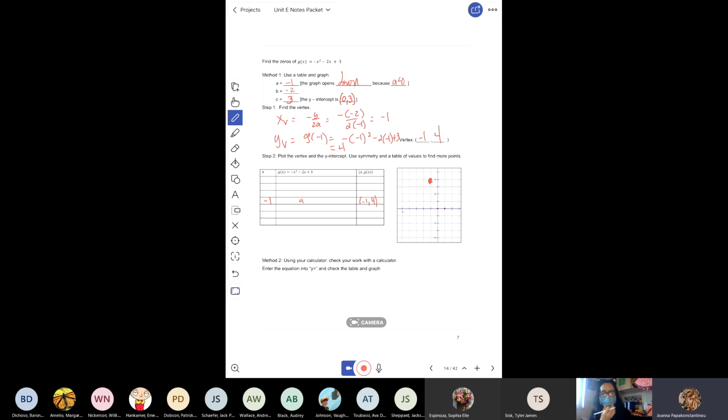So what's another point I might want to know? The y-intercept, and the y-intercept is when x is 0, right? So when x is 0, we knew that the y-intercept was 3. We had that from c, right?